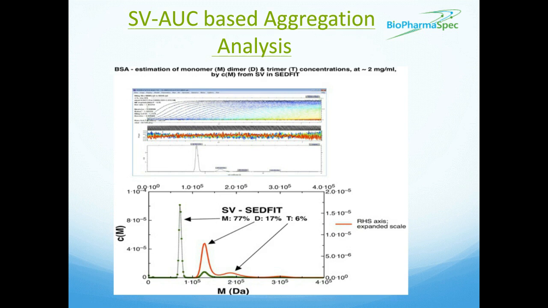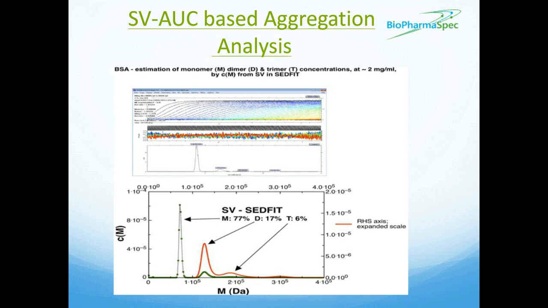The top graph there can be split into three, and the very top is looking at the absorbance profiles, taken at different times as you go through the SV-AUC run. The ones at the left-hand side are the early absorbance traces, and the ones on the right-hand side are the later absorbance traces. The middle section is more to do with the residuals and, if you like, the quality of fitting of the SEDFIT program that you've got.